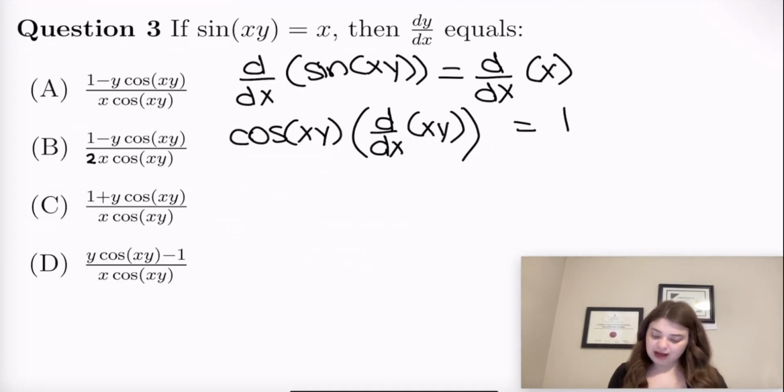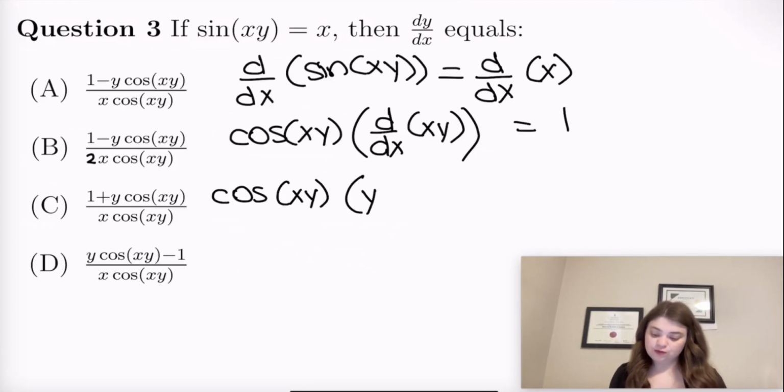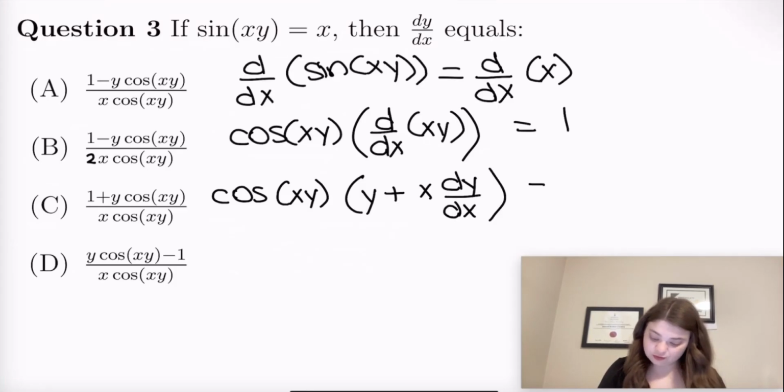Okay, then let's take the derivative with respect to x of x times y. So for that, we're going to end up with, for the first part, y, right? If we assume that y is just a coefficient and x is the variable here, and then plus, if we want to differentiate with respect to y as well, we get x dy over dx equals 1.